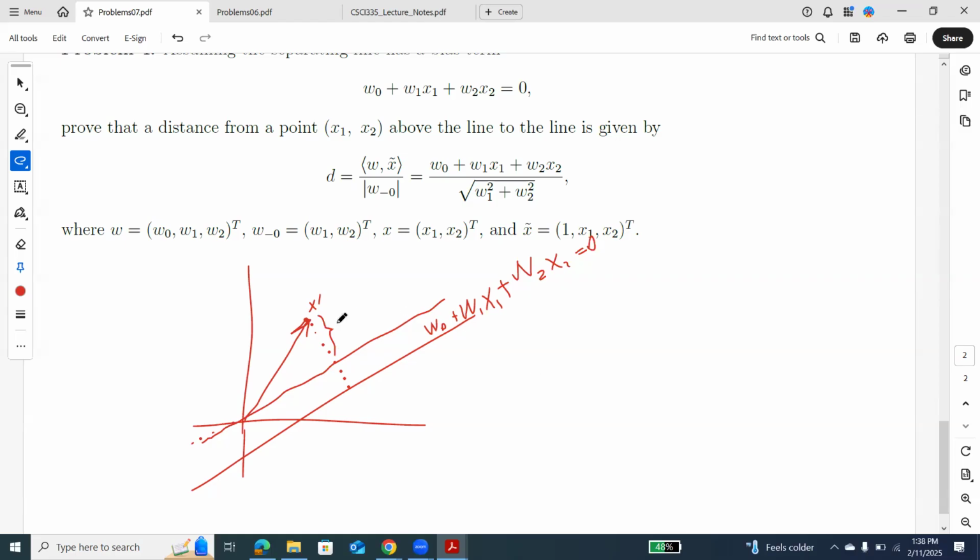So this distance is equal to W1 x1 prime plus W2 x2 prime over the length of W without W0.